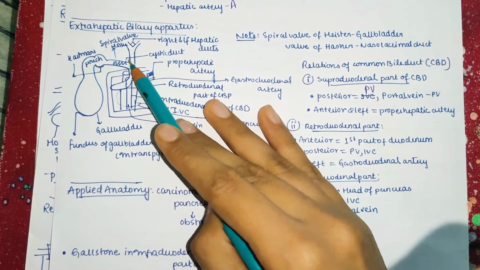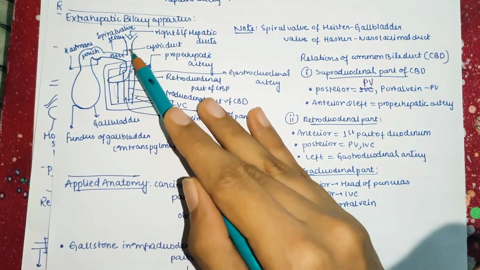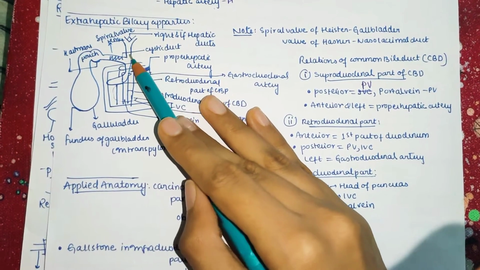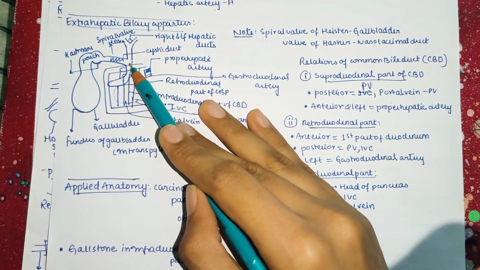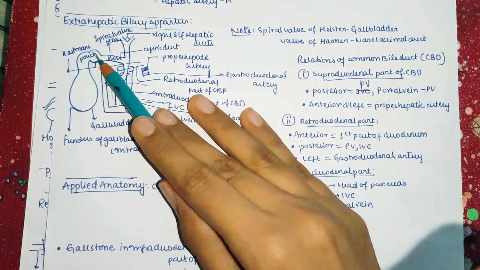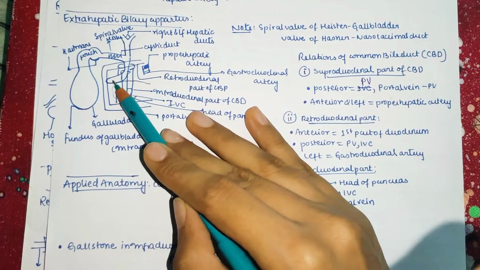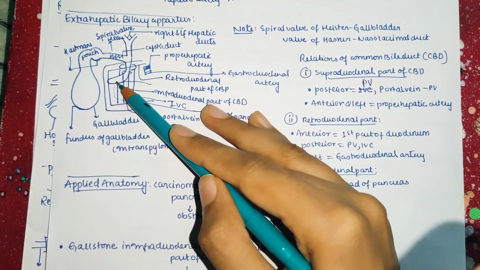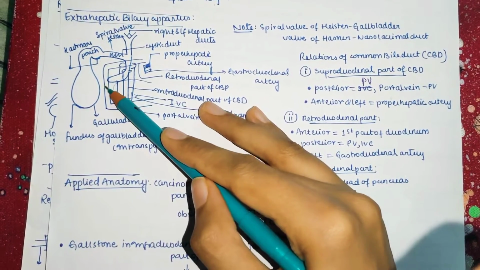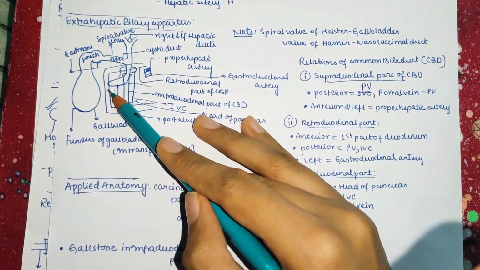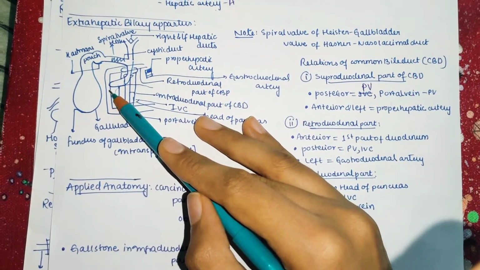So the common hepatic duct with the cystic duct together form the common bile duct. And this common bile duct is joined by the pancreatic duct and they form the ampulla of Vater. And this ampulla of Vater opens in the major duodenal papilla, which is present in the second part of duodenum.